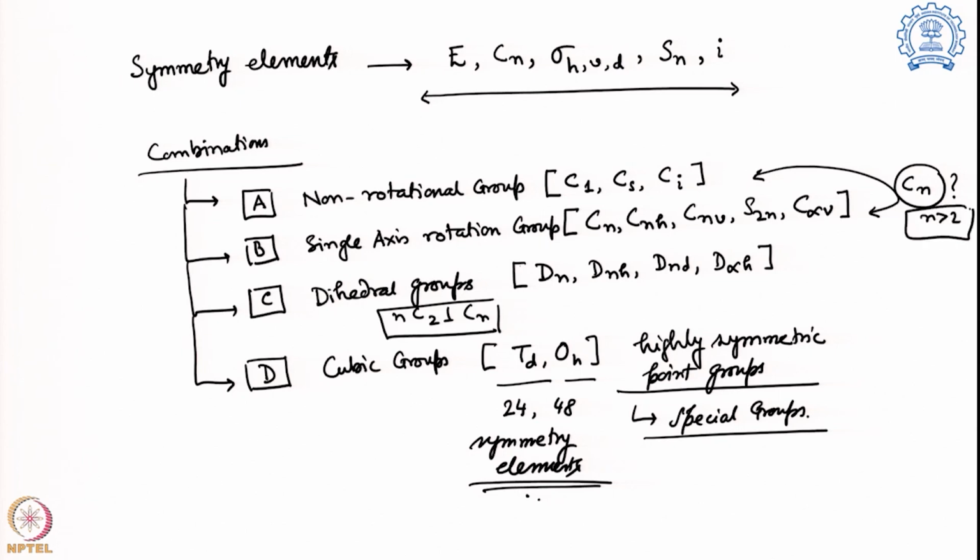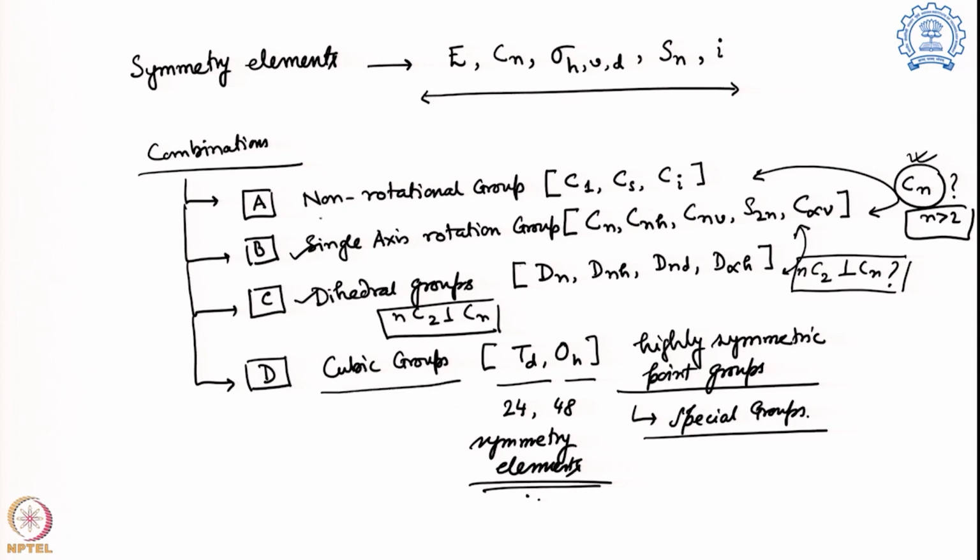So anything beyond C2 will go to either the single axis or dihedral group. To differentiate between the non-rotational group and the single or dihedral group, the question I have to ask is whether I have a single axis of rotation or not. The difference between single axis rotation and dihedral groups I have already mentioned: whether you have n number of C2s perpendicular to Cn or not. By asking this question I can differentiate between these 2 groups.